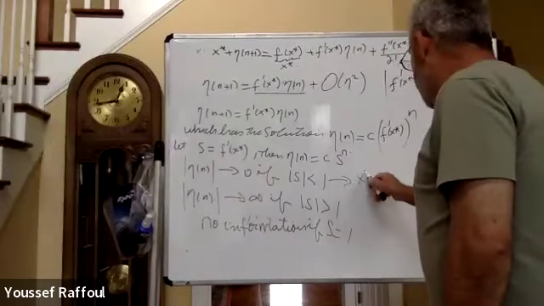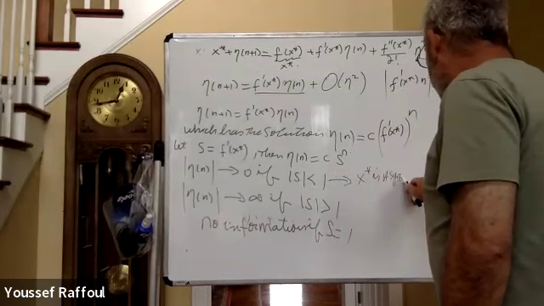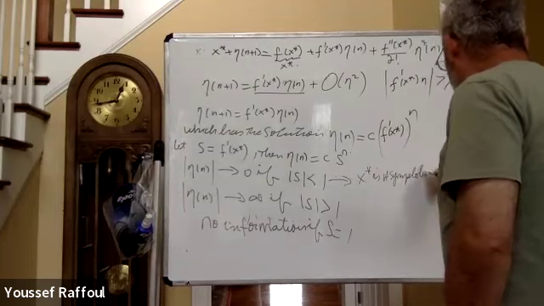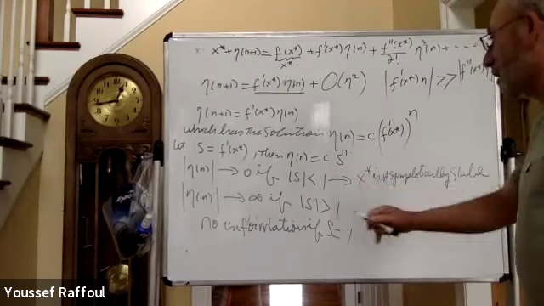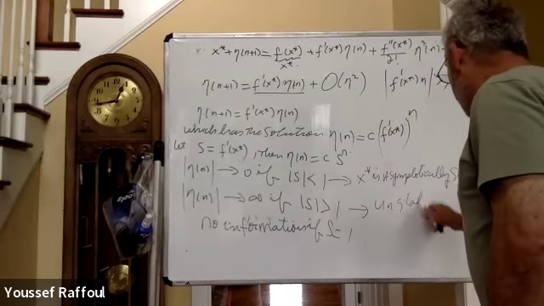So here we say x star is asymptotically stable. And we will talk about it in a second. It is asymptotically stable because it goes to 0. Here it is unstable.